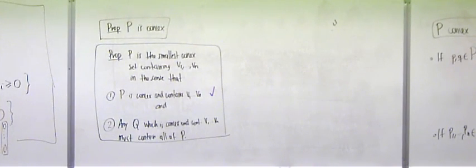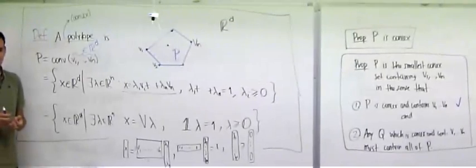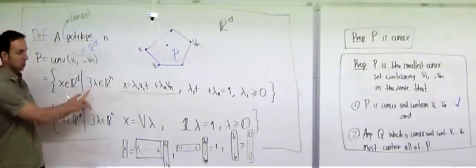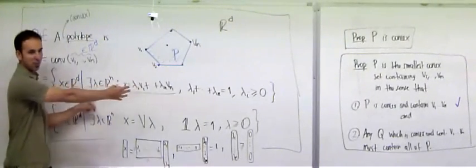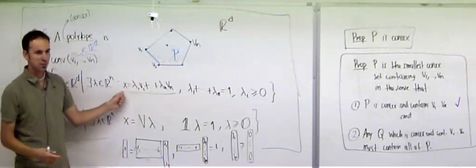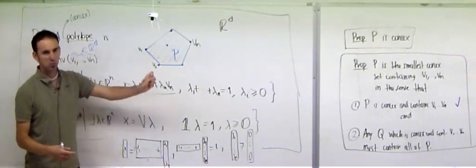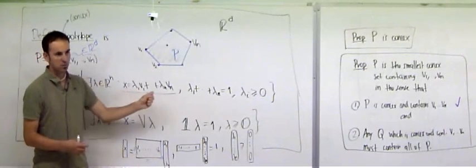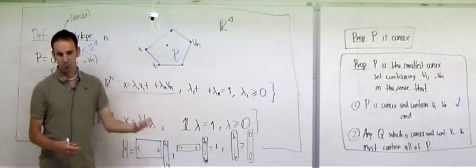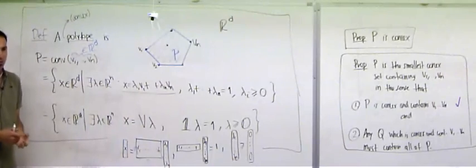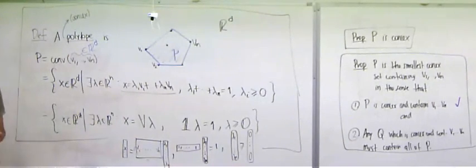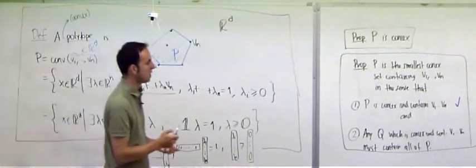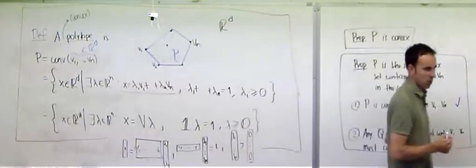So can you find v1 in this set? You have to show that there exists a lambda such that blah, blah, blah. It's not too hard because v1 is just v1 plus 0 v2 plus 0 v3 up to 0 vn. So the coefficients are 1, 0, 0, 0. They add up to 1, and they're not negative. So it's almost obvious, let's say. It's not entirely obvious, but it's easy. So P is convex, and it contains v1 up to vn.